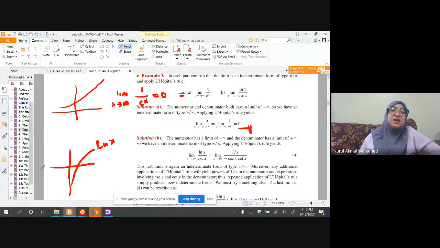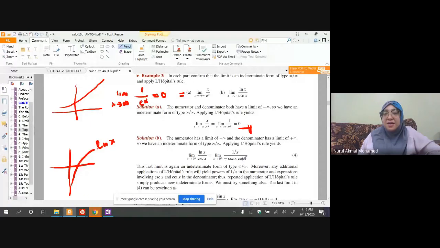It doesn't define when x negative. So that's why this is valid for x tends to 0 from the right hand side only. There's no graph which is defined for x negative. Okay, so that's why for x tends to 0 from the left hand side, there is no graph.